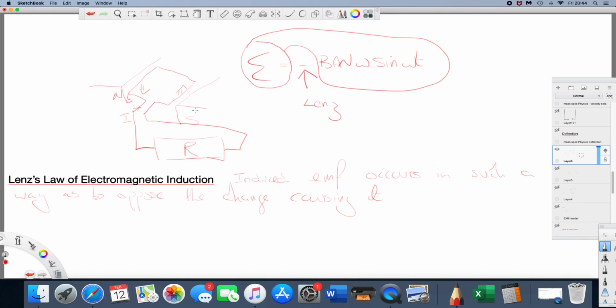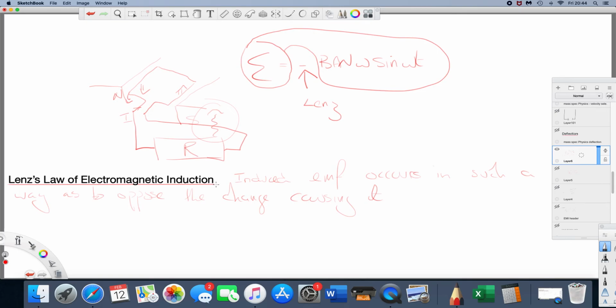If I've connected this generator to a resistor, when I drive current through the resistor, it's going to turn electrical energy into thermal energy. It's what it does. So if I'm not doing work, if I'm not putting the energy in to make the coil turn, where on earth is this coming from?